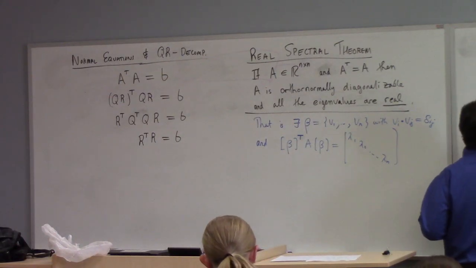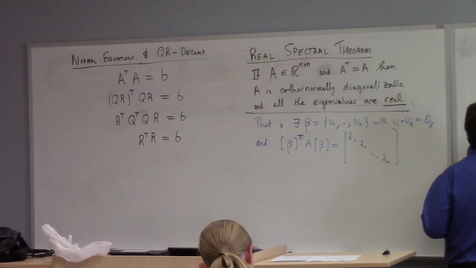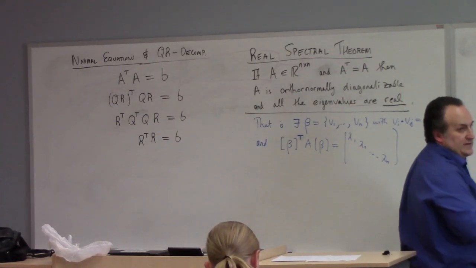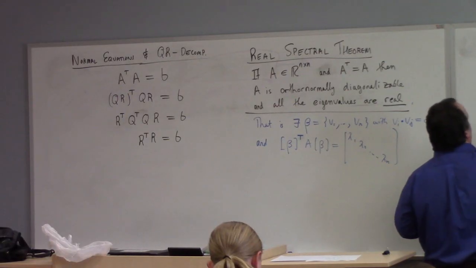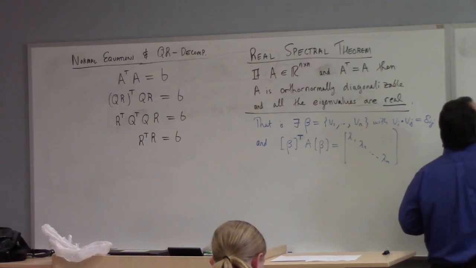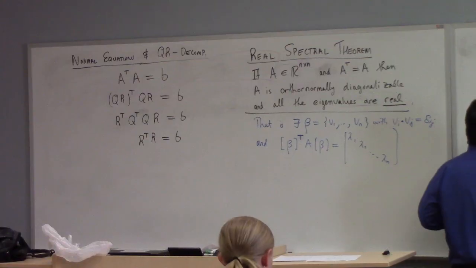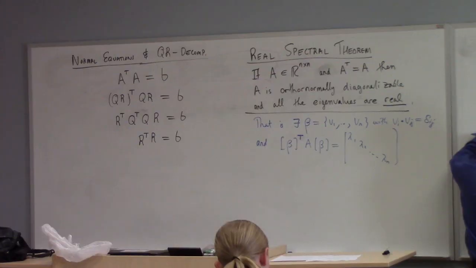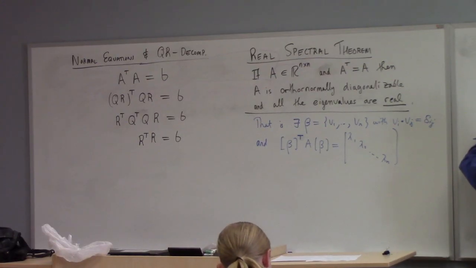A is, I don't know, let's say 1, 2, 2, 1. That's a nice symmetric matrix, I think. Right? What are the eigenvalues of this thing? I've got lambda minus 1 squared minus 2 squared.